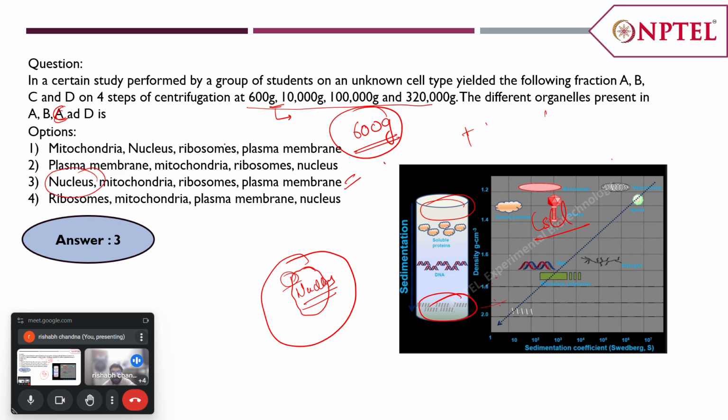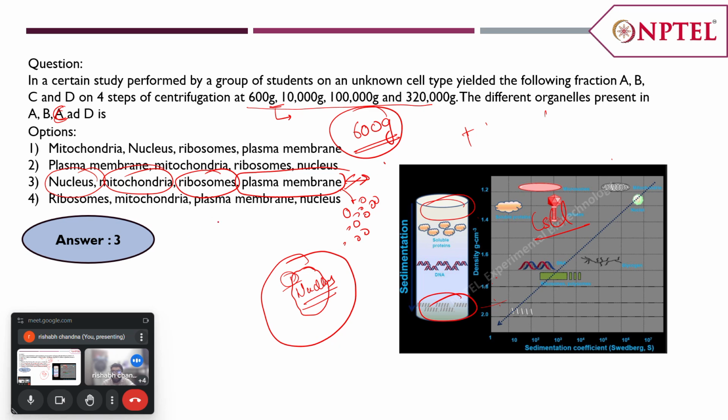Followed by the mitochondria, then the ribosomes, and at the last, the plasma membrane, because it will be separated in the form of different small particles. It is an amphipathic molecule, because it has both hydrophobic and hydrophilic components. So it forms various small soluble molecules, and it will be separated at the highest force.